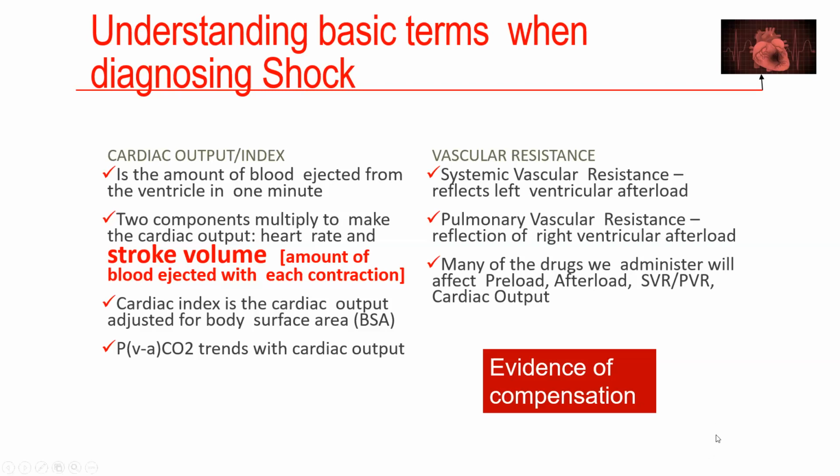Okay, SVR, systemic vascular resistance. Again, no one's going to ask you to calculate it by AACN standard. Normal SVR is 800 to 1200 dynes per second per centimeter to the fifth power. Okay, you don't have to worry about any of that, 800 to 1200. Low SVR occurs when you have a high cardiac output and decreased vascular tone.